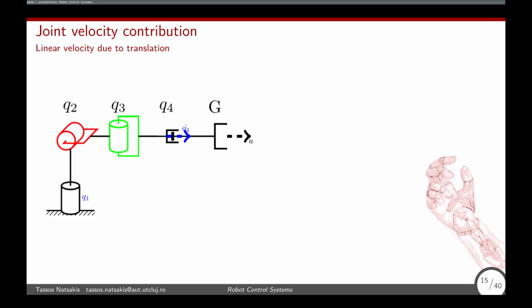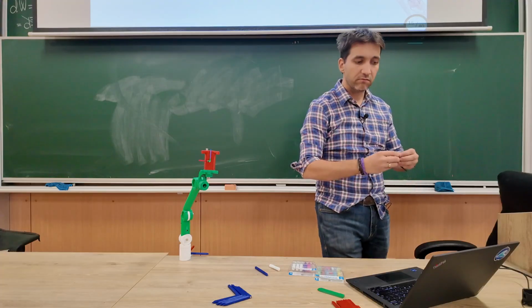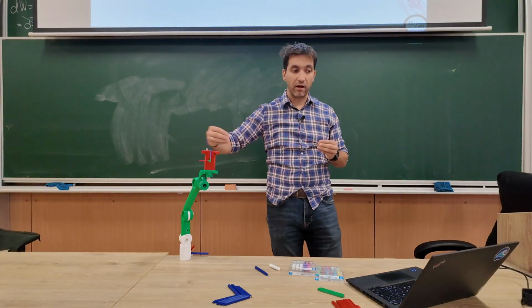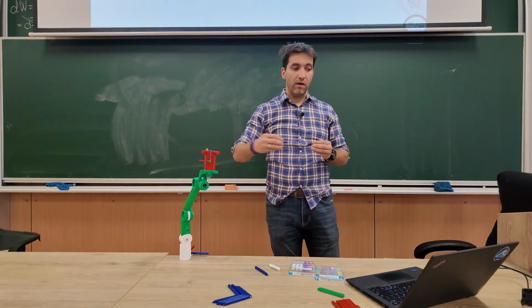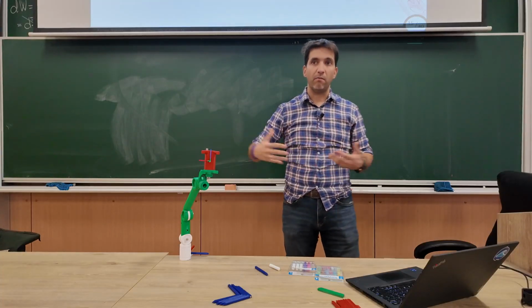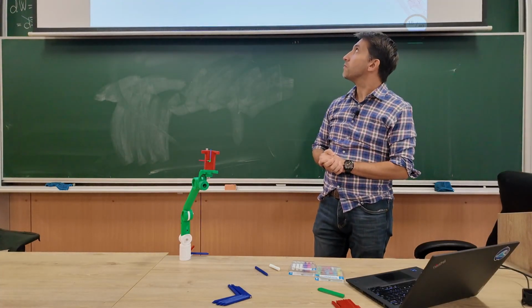So what do you think it would be? So here I denote it as Q dot 4, whatever is the velocity of joint 4. It's a bit hidden, I hope it's visible. But here I have a vector showing me that this joint is translating along that direction by some amount, Q dot 4.